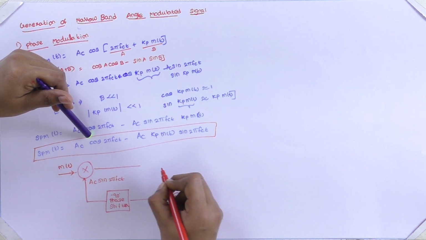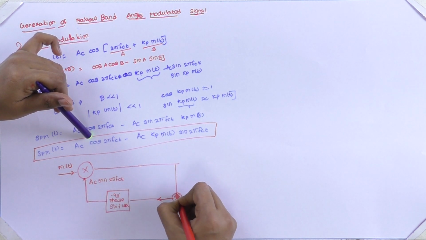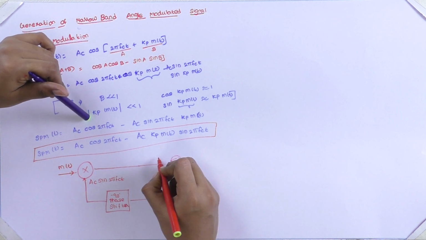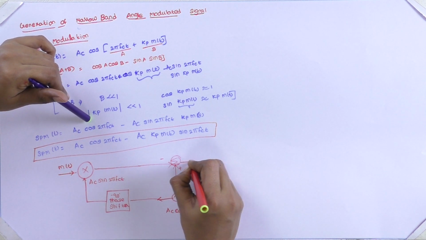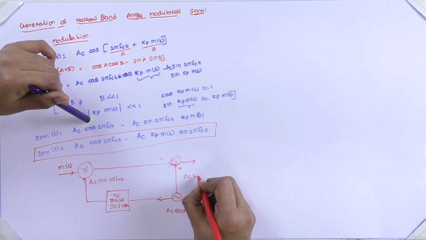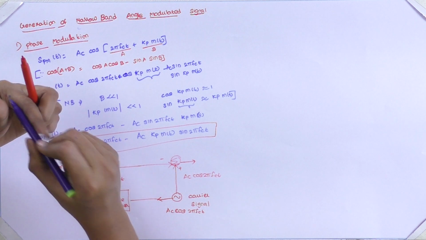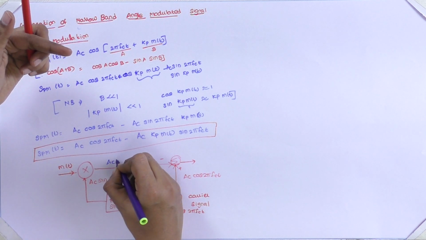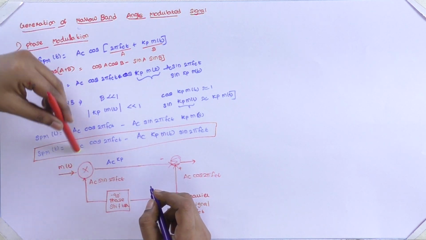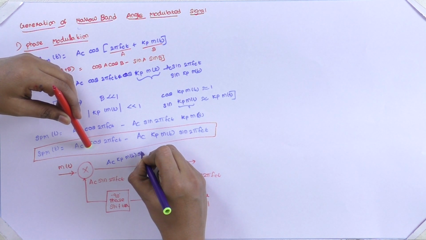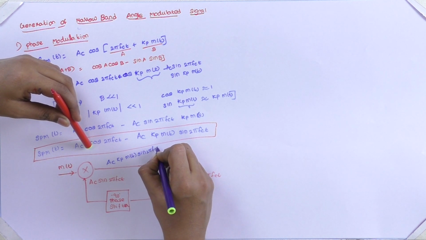Output from the product modulator is fed to the adder. Therefore, here AC cos 2 pi fct, here AC kp, where Kp is the proportionality constant of the modulator, m of t sin 2 pi fct.